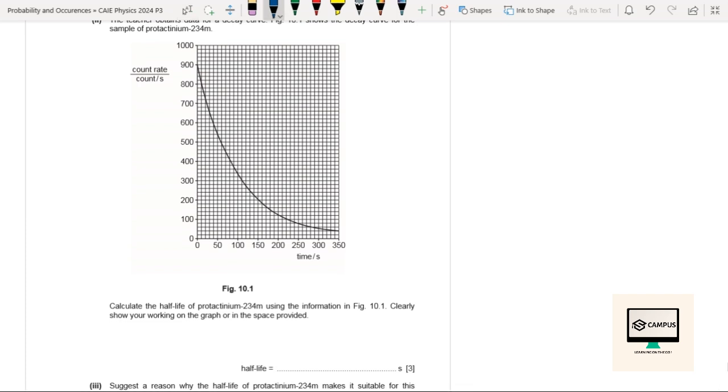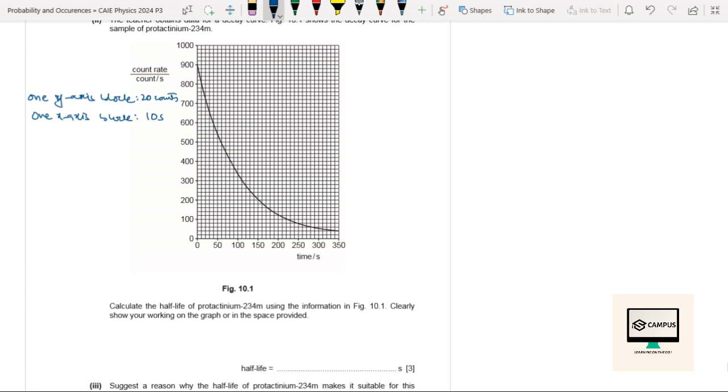Let's first of all write the legends, or say what one vertical block is worth. So one y-axis block is like 20 counts, and one x-axis block is 10 seconds.